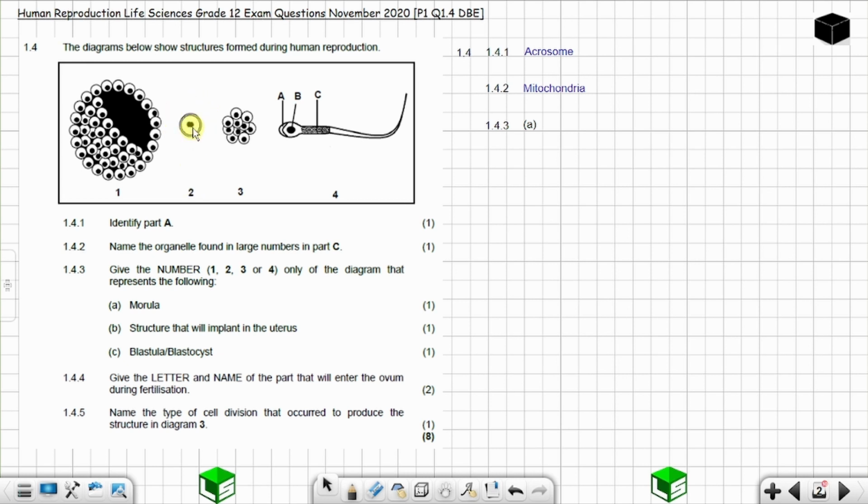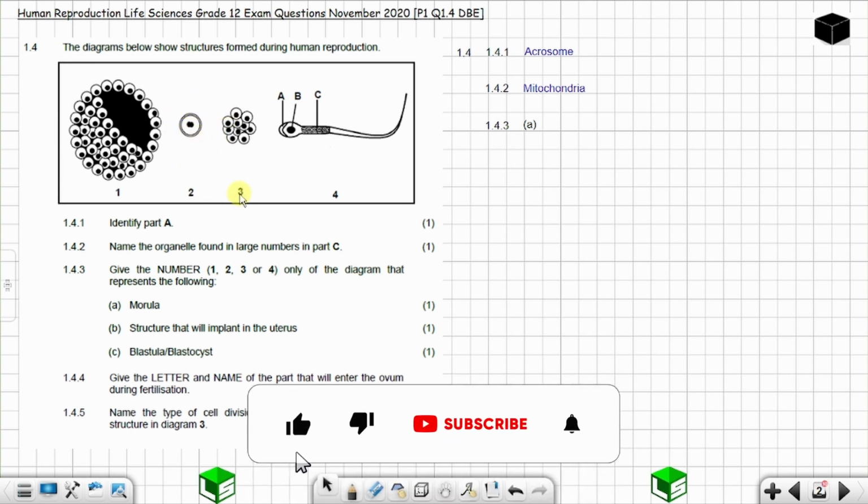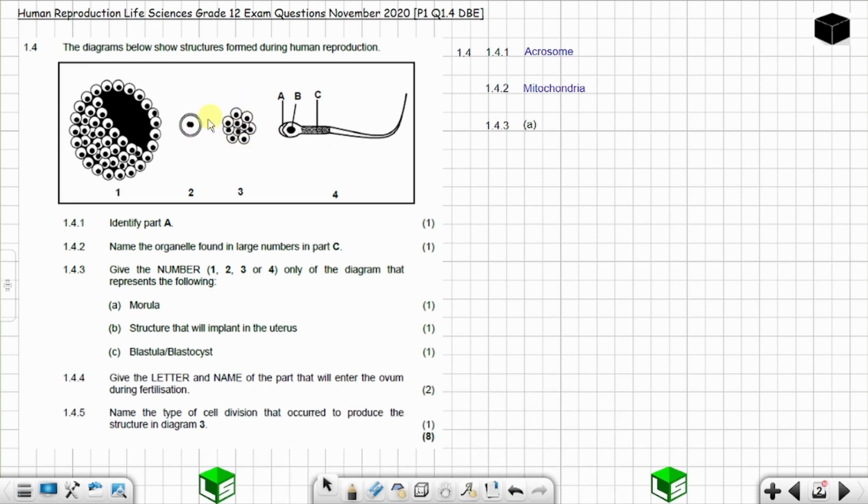In diagram 3, you have a ball of cells but no cavity, so it is not hollow inside. When it is not hollow inside and you have a ball of cells, it is a morula. So A is represented by diagram number 3.